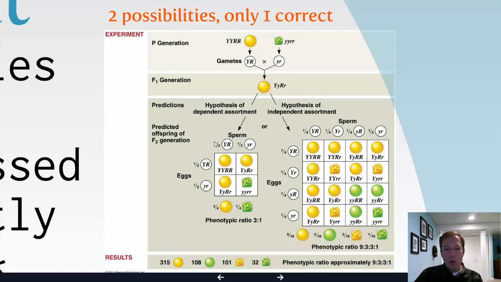So when we do the cross here, we can see that because of independent assortment we have four different possible combinations: dominant-dominant, recessive-recessive, or either of the two combinations of one dominant and one recessive trait. When we cross individuals that are both heterozygous, that's how we get each of those four combinations.